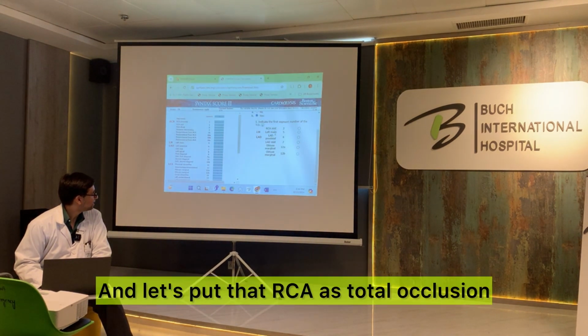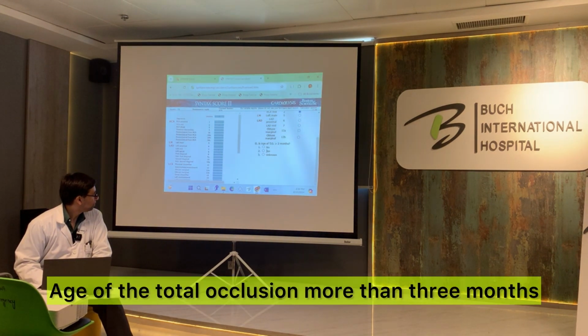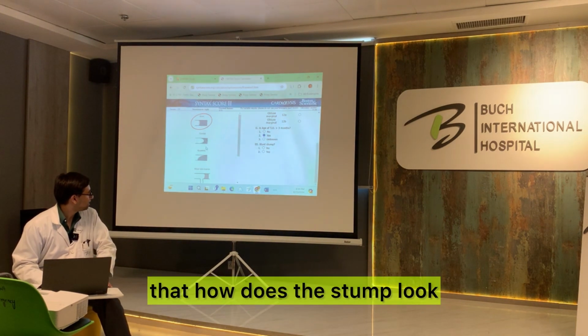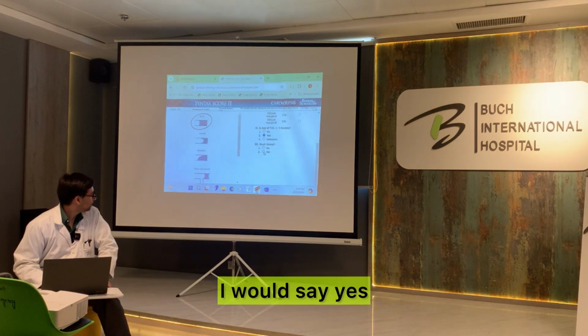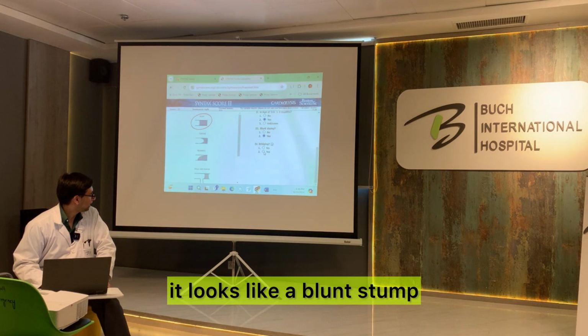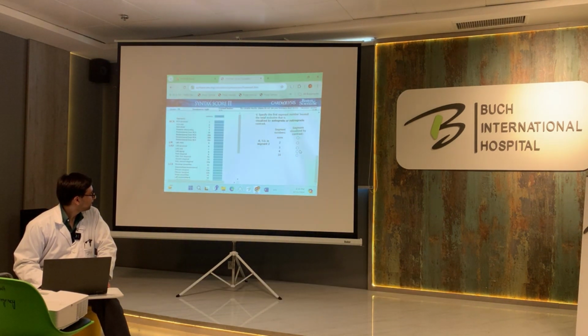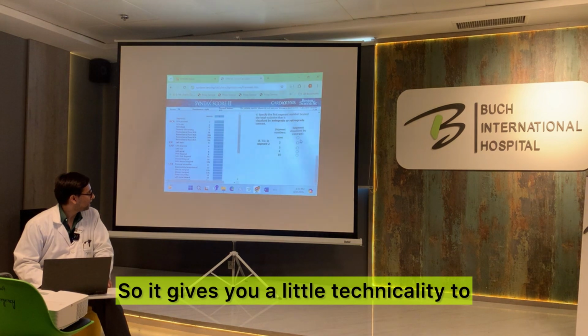Next, total occlusion, I would say yes. And let's put that RCA as total occlusion. Age of the total occlusion more than 3 months, I would say yes, it's a chronic one. So it's asking me how does the stump look? I would say yes, it looks like a blunt stump. There is, yes, bridging collaterals.